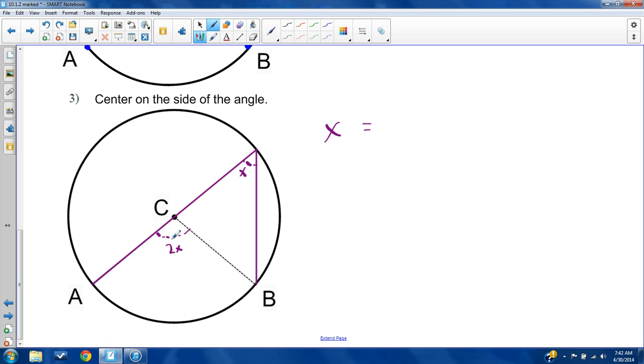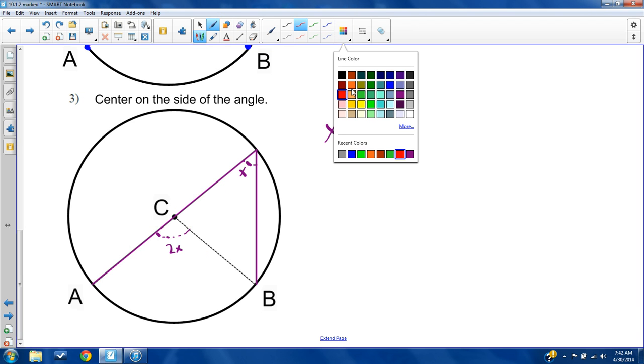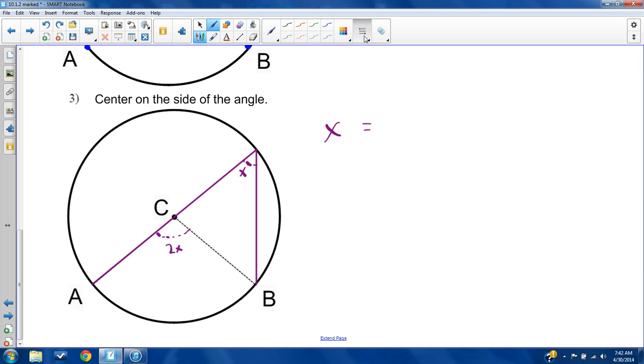This angle right here is my central angle. It's 2x. Remember, central angle's right there. This is 2x. X equals 1/2 of 2x. What's 1/2 of 2x? Well, x. So x equals x. Yep, that works.